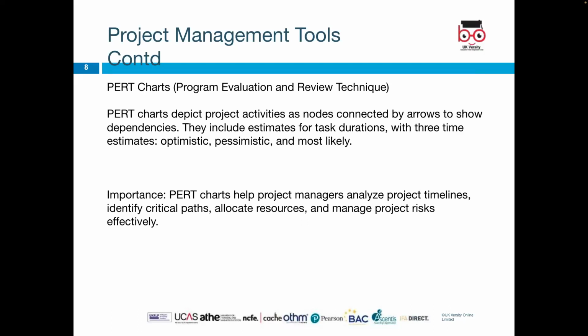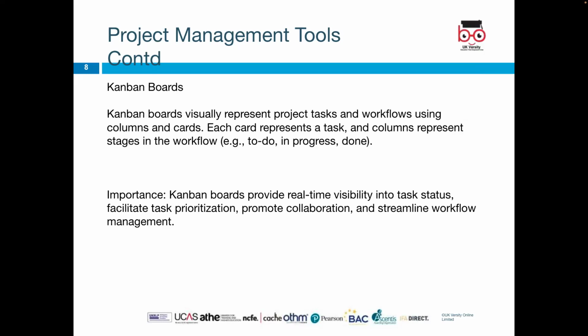I won't be talking about the definition, I'll just talk about the importance. PERT charts help project managers analyze project timelines, identify critical paths, allocate resources, and manage project risk effectively. Kanban boards, also the importance: Kanban boards provide real-time visibility into task status, facilitate task prioritization, promote collaboration, and streamline workflow management.